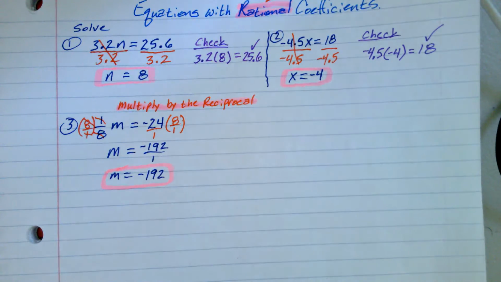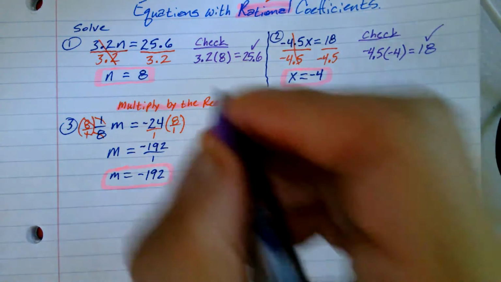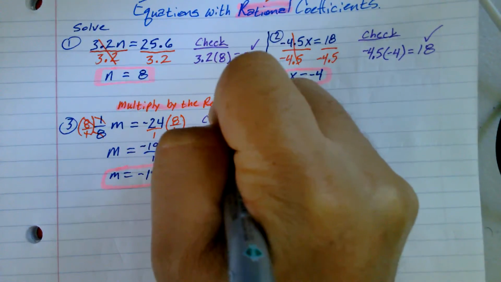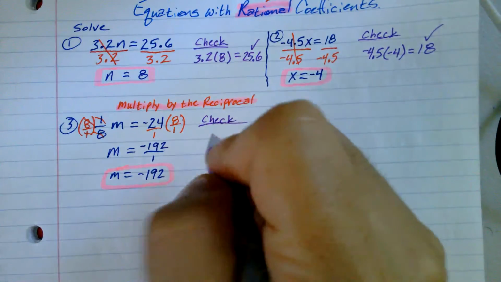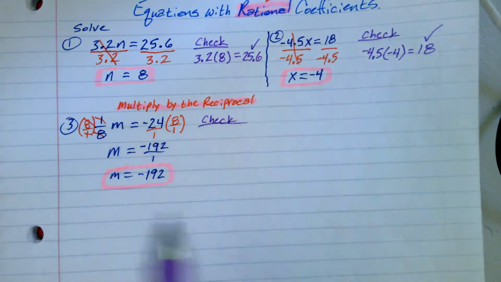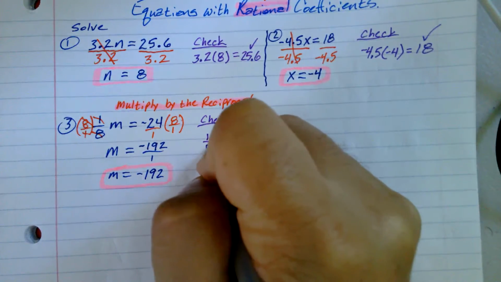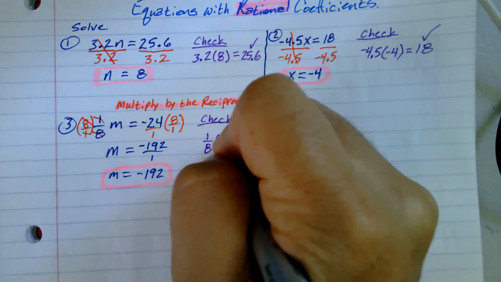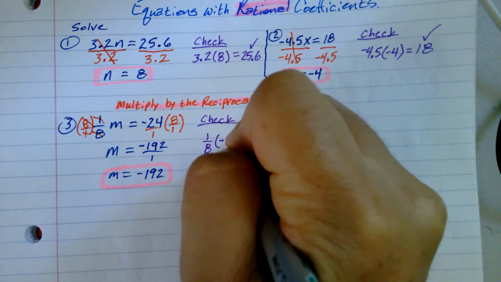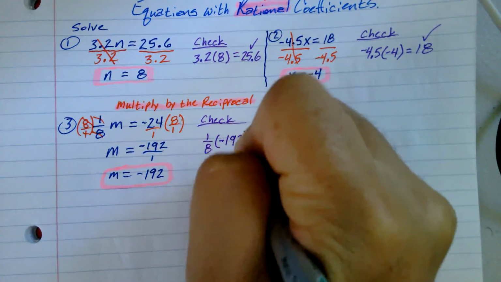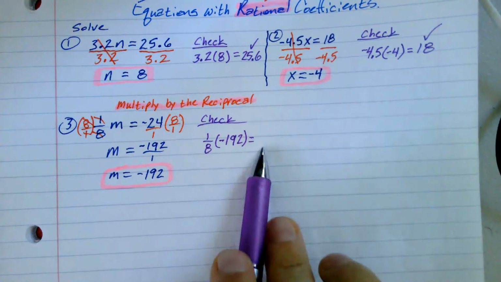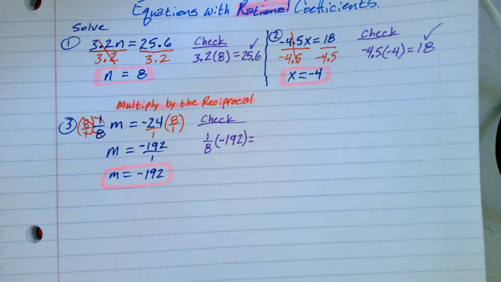Okay? And that's our claim. Now, there's only one way we can be sure, right? We have to do a quick check. So go to your original equation, 1/8 times negative 192, and see if that equals negative 24. Okay.